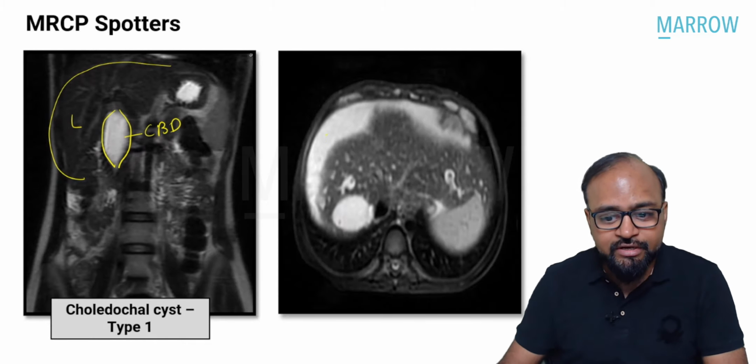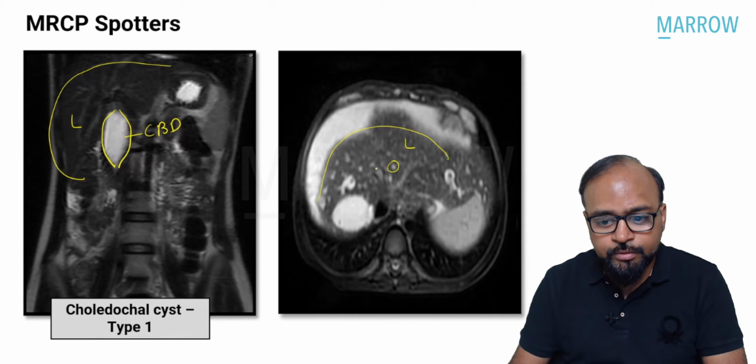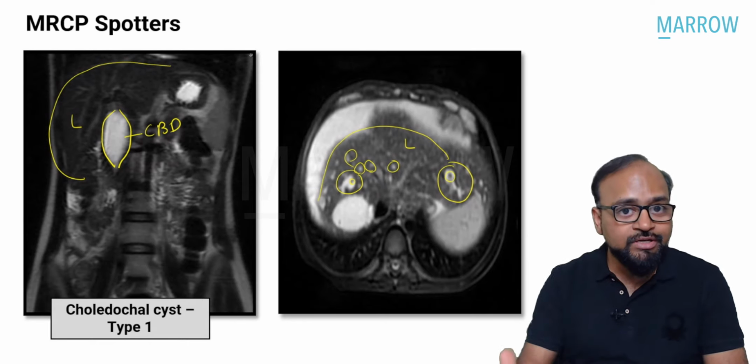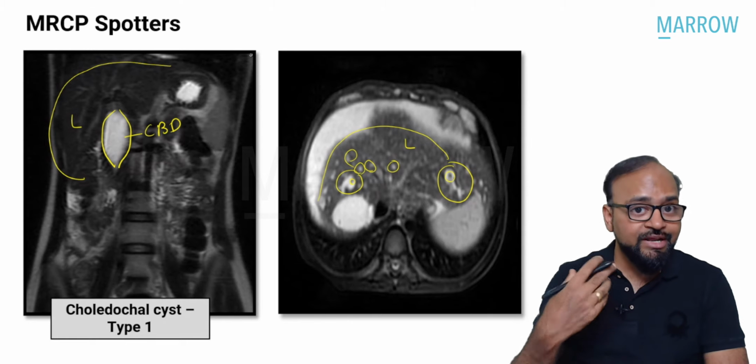Look at this liver now. On this MRI image, inside the liver, you are able to see multiple cysts. Most of these cysts show a central dot. Can you see that? A vessel is passing through it. So this is a choledochal cyst which involves the intrahepatic radicals.